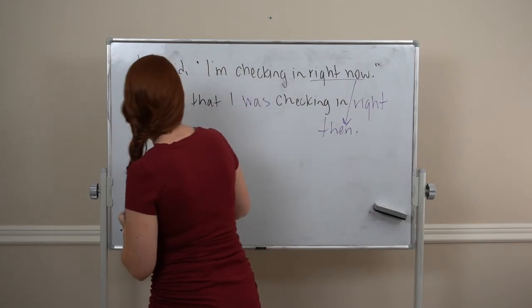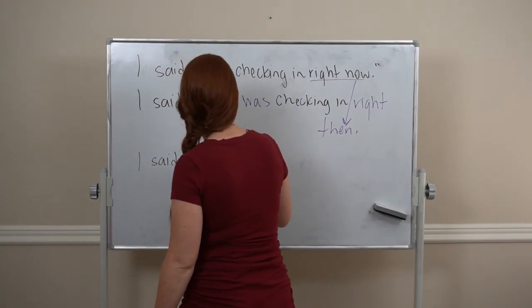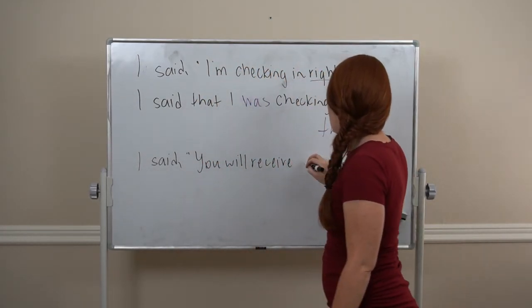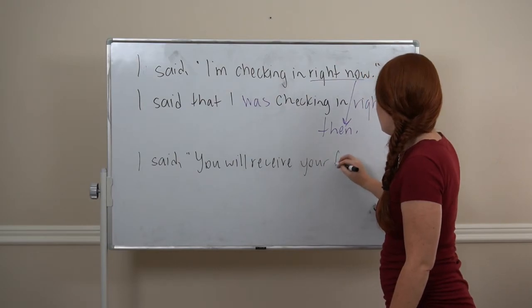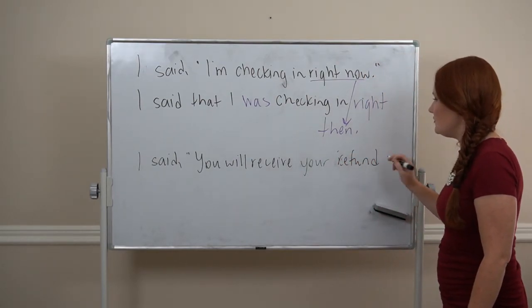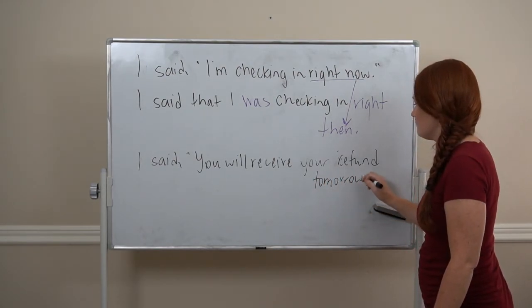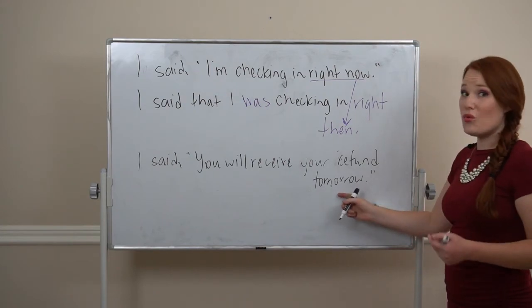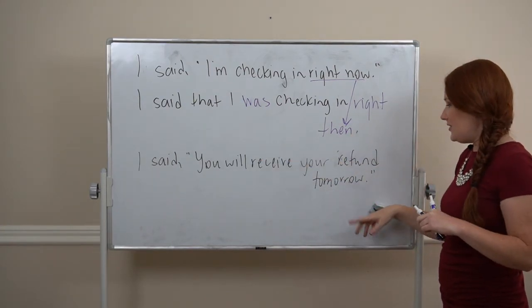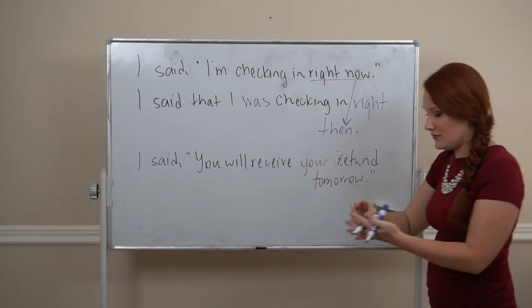Or a time in the future. "You will receive your refund tomorrow." Now, I don't know when I said this exactly, some point in the past, but I can't use tomorrow. It's no longer tomorrow.